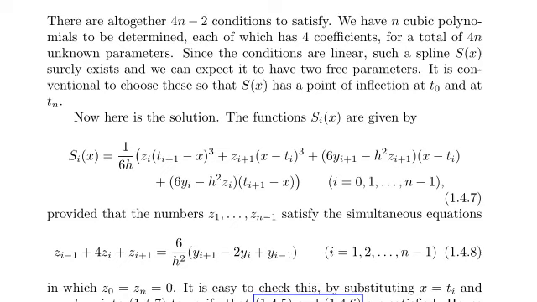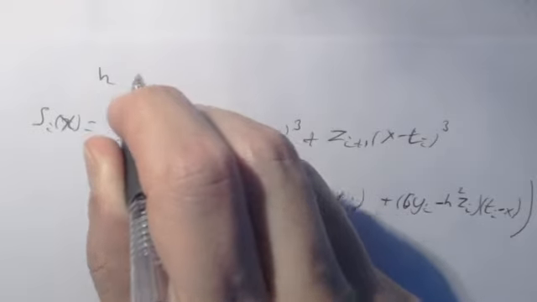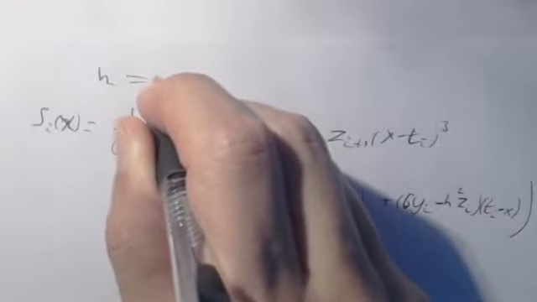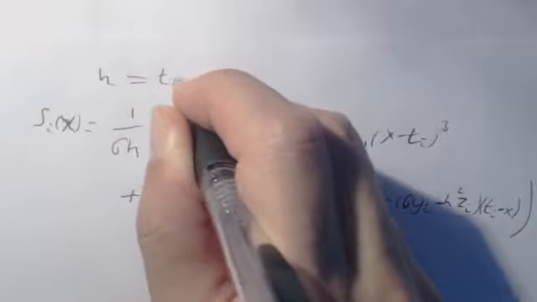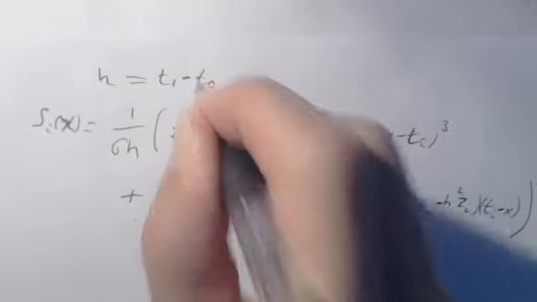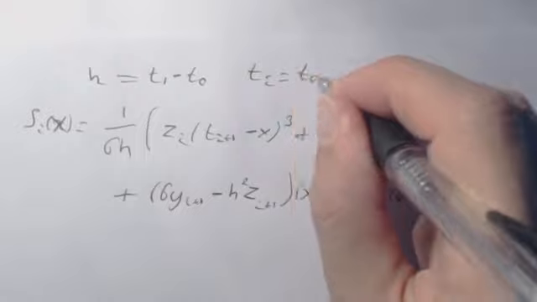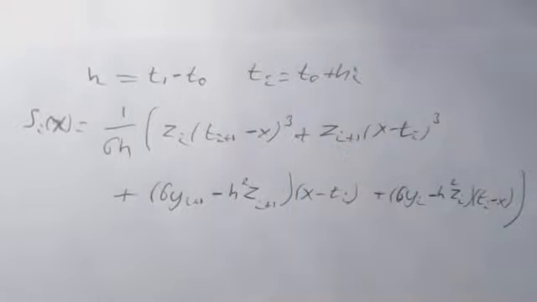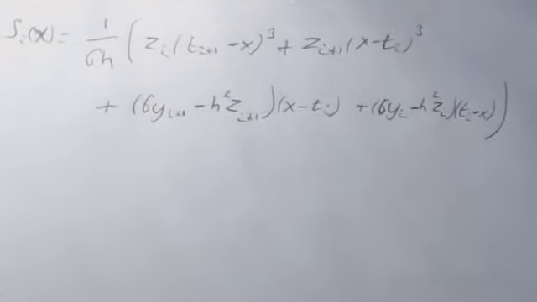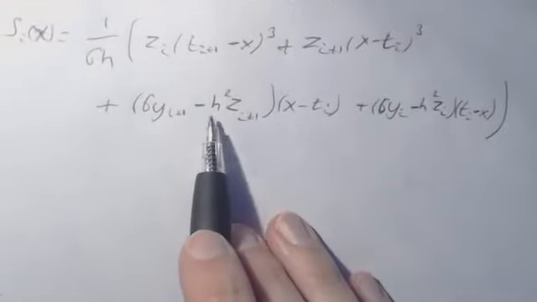Then what do we have? So h was the difference between adjacent t_i's. So h is going to be, say, t1 minus t0, because we had that t_i was equal to t0 plus ih. So I was wondering what h was.